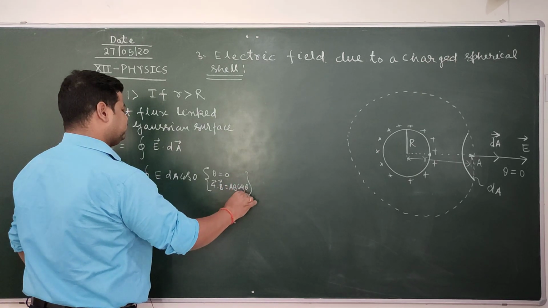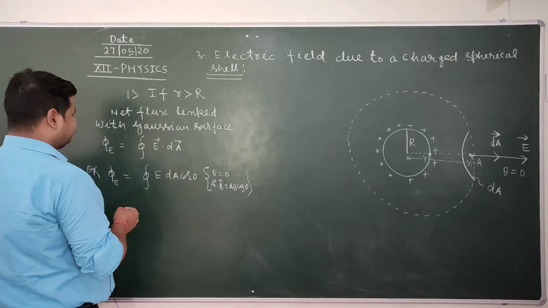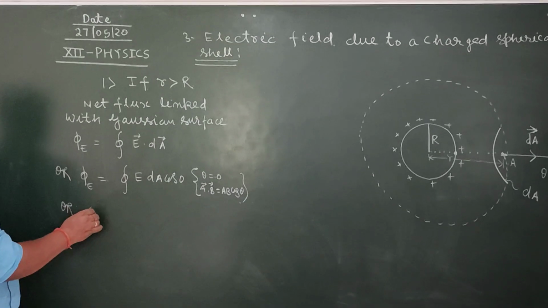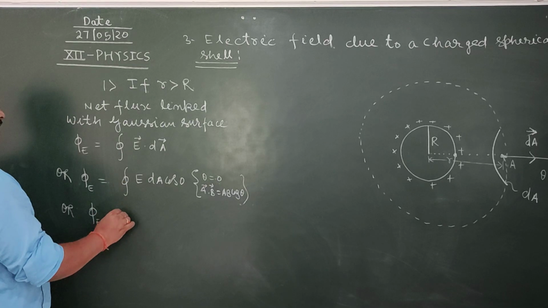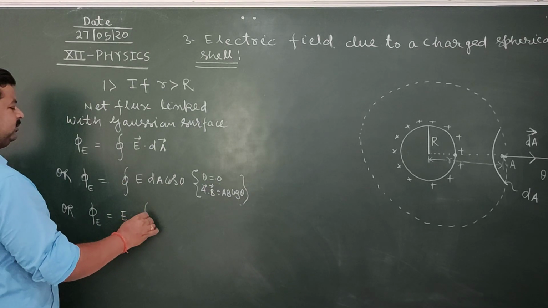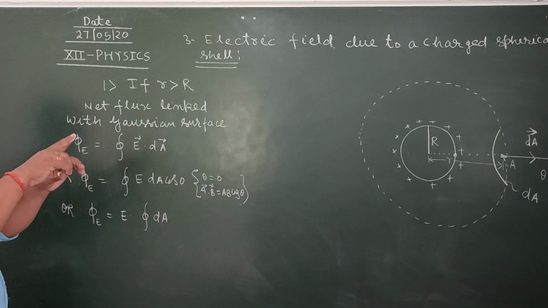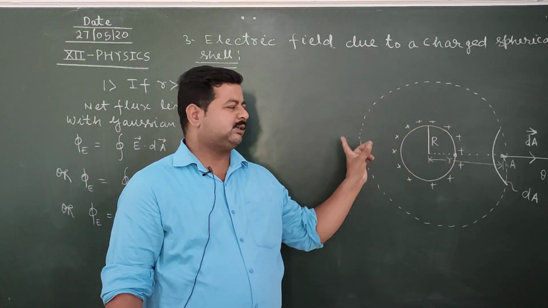So using this concept we write this step. Again we take common electric field from the integration sign. So here we write dA. Here integration of dA means total surface area of the imaginary surface, that is the Gaussian surface.